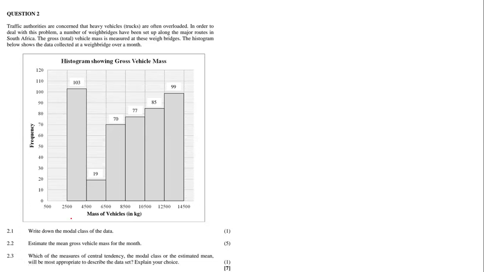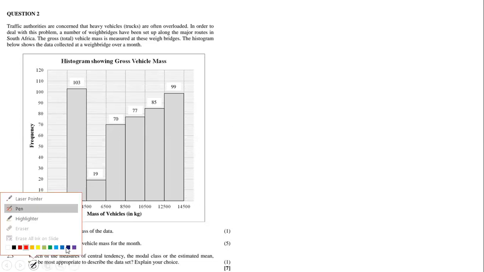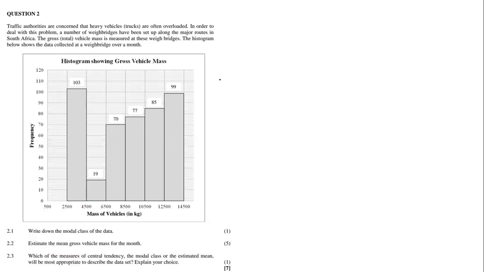Now, let us continue with question number 2, okay? So now, question number 2, let me change my color. Question number 2, it reads as follows. It says, traffic authorities are concerned that heavy vehicles, such as trucks, are often overloaded.